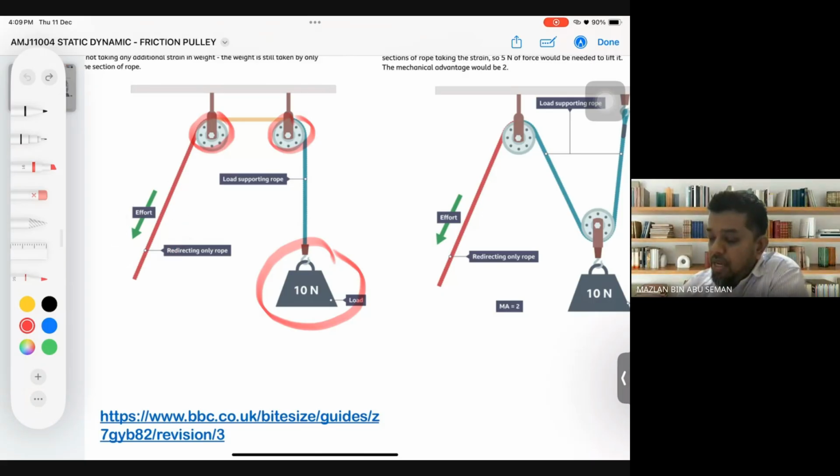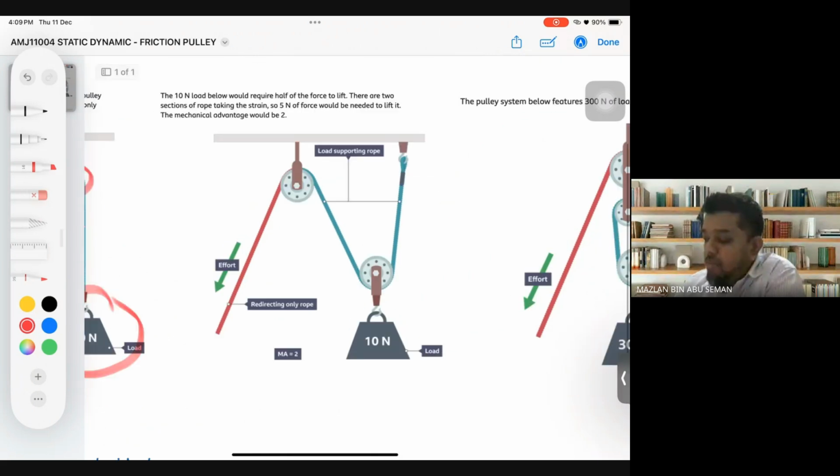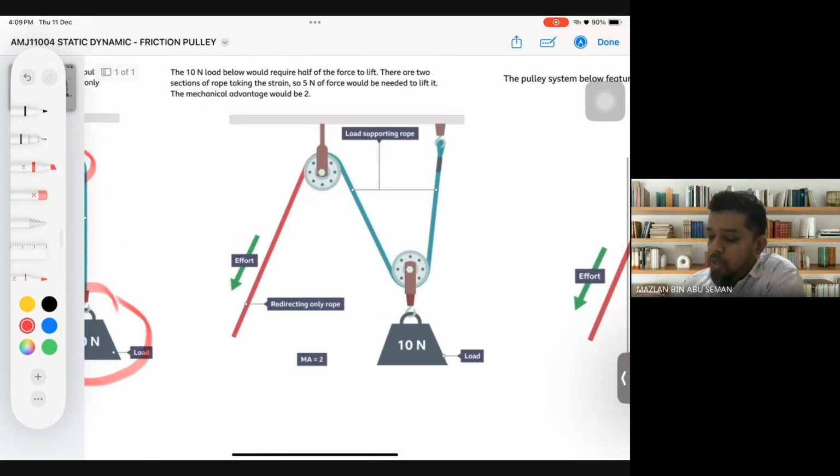The effort we need here is 10 Newton as well to lift up that 10 Newton weight. How about this system, the pulley system you have arranged like this? We have two load supporting ropes.